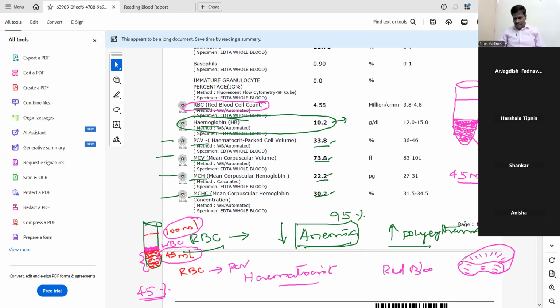The entire red blood cell is not hemoglobin, but hemoglobin is the ultimate content in the red blood cell. Hemoglobin is the essence or the juice of the red blood cell. The red blood cell has no nucleus; it is a non-nucleated cell.